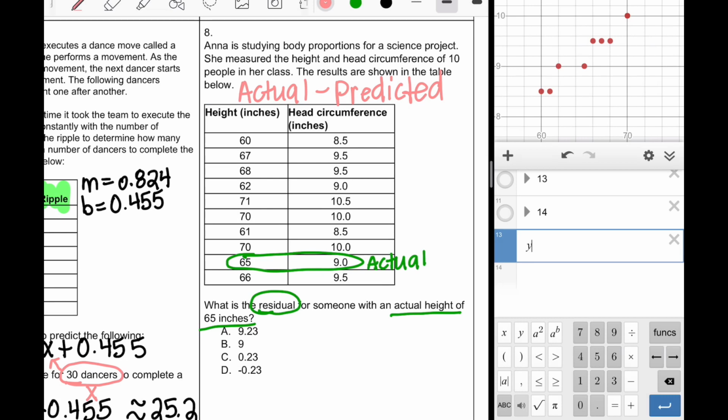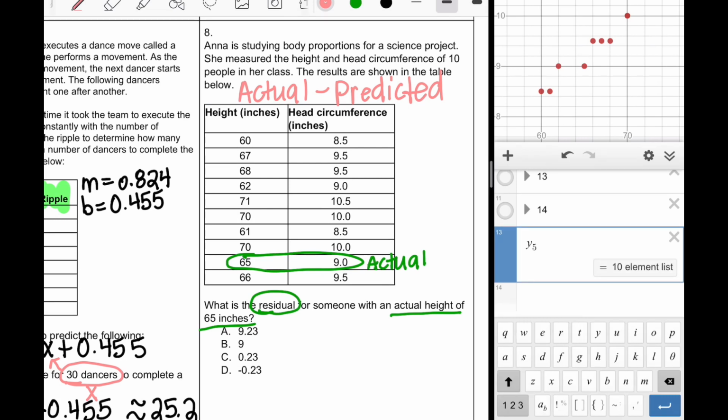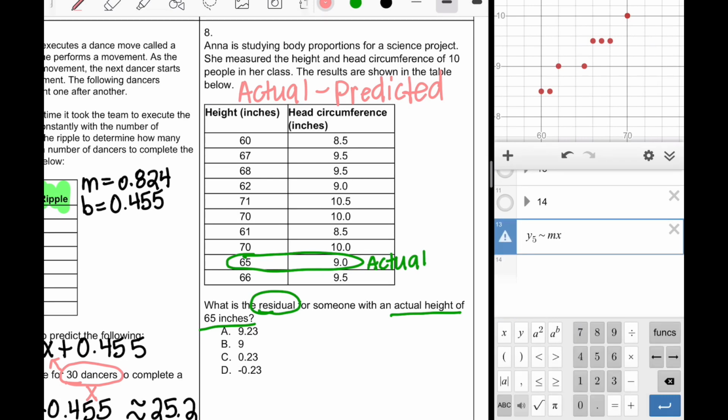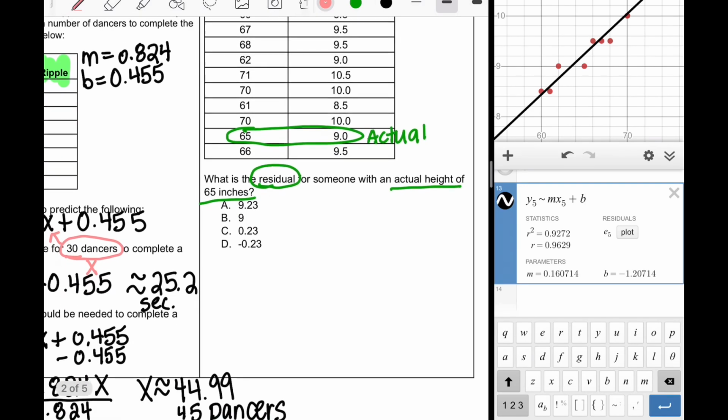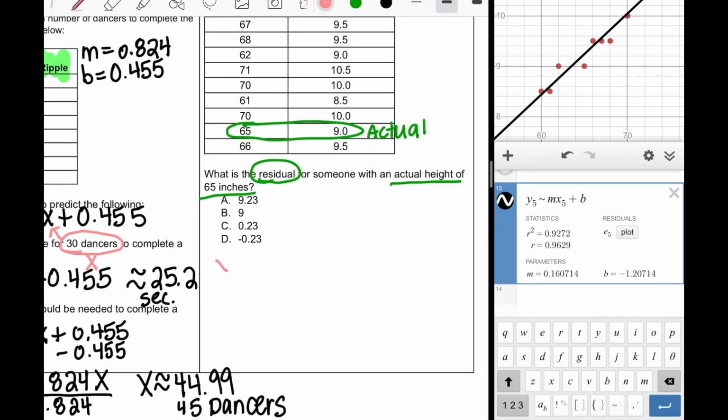So we're going to do y ≈ mx + b. All right, and I can write my equation, and my equation for this particular problem is going to be y equals 0.161x minus 1.207.